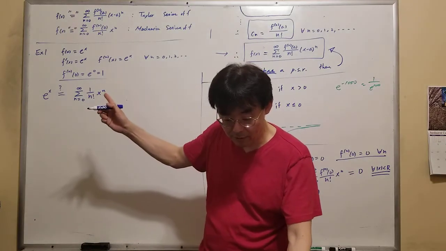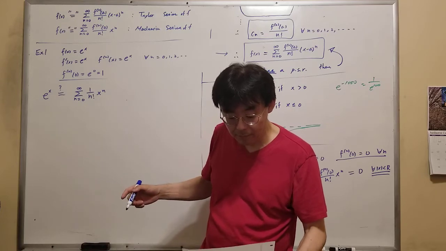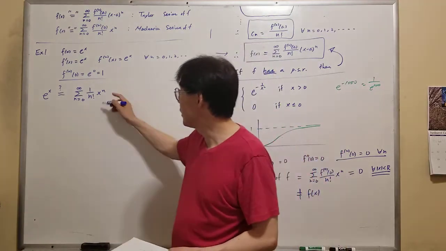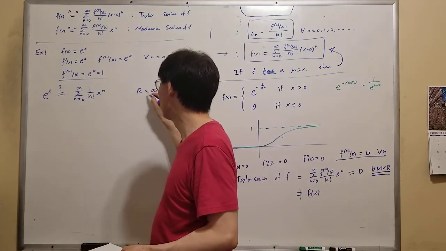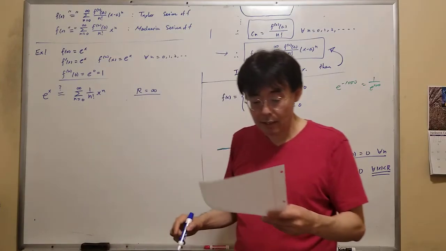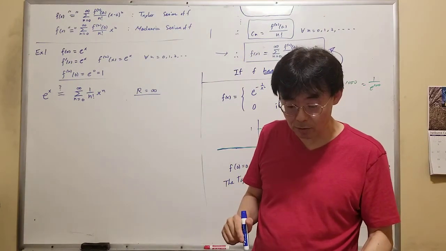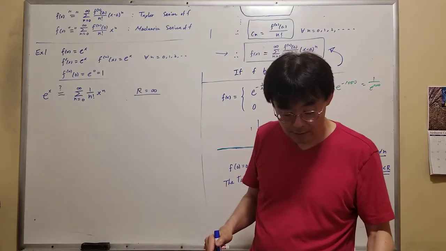So we haven't answered that question yet. Okay? And we learned previously that this one has a radius of convergence infinity. I just did it one more time, using the ratio test in the lecture. We have done this many times.